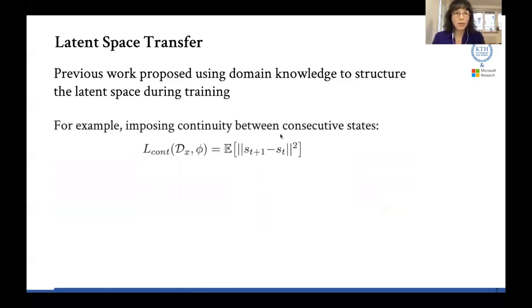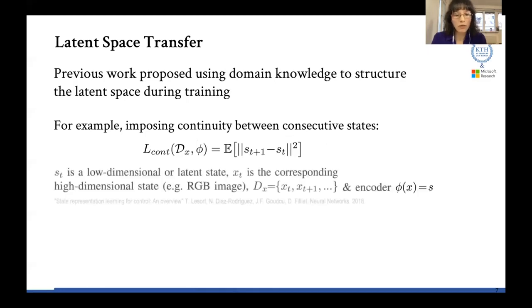Okay. So previously, what have people done with this? There have been some steps in trying to say, I have some previous knowledge about what the latent space should look like. Let me use this knowledge and impose, not constraints, but relations, on the latent space when I will be learning later on the target domain. This is just to illustrate a very easy to understand conceptual idea.